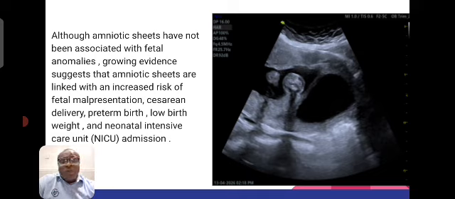And in cases where there is a placental extension, like in the one I saw that is presented on this slide, where the placenta grows onto it, blood vessels may be exposed. Therefore, the risk of bleeding is also present in amniotic sheaths.